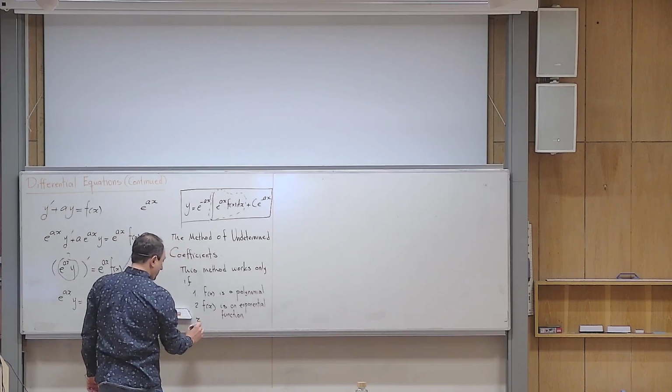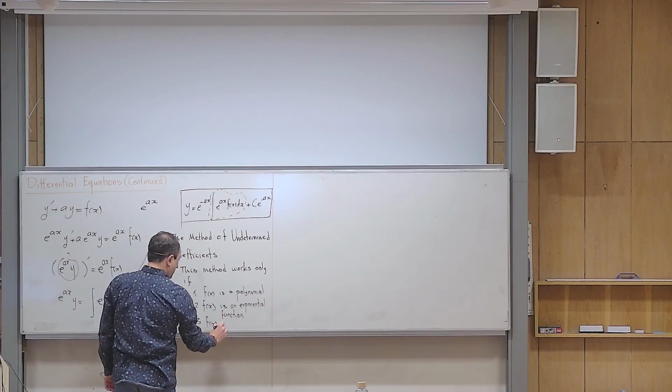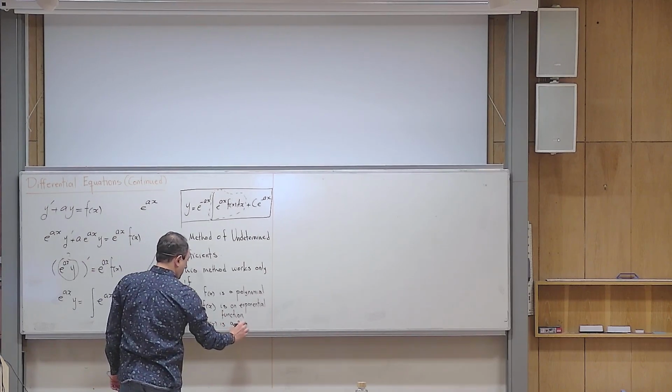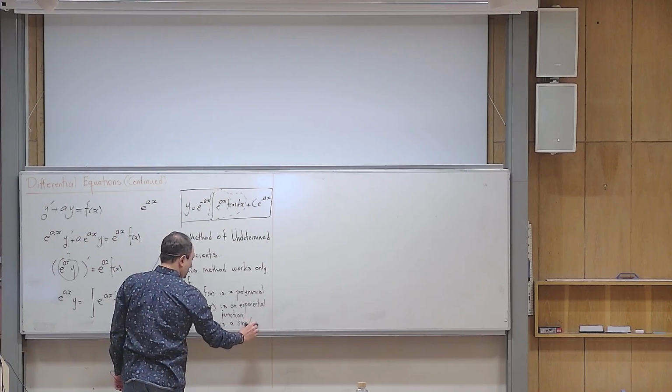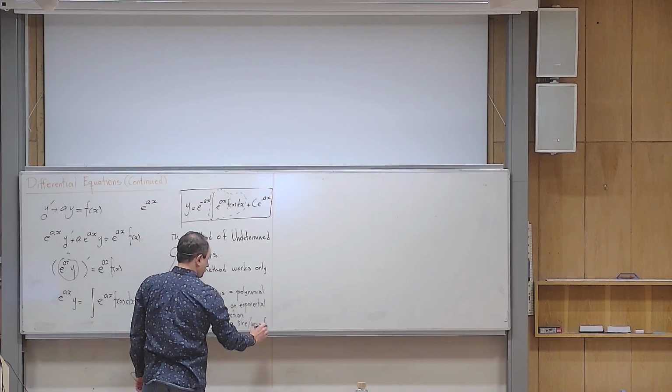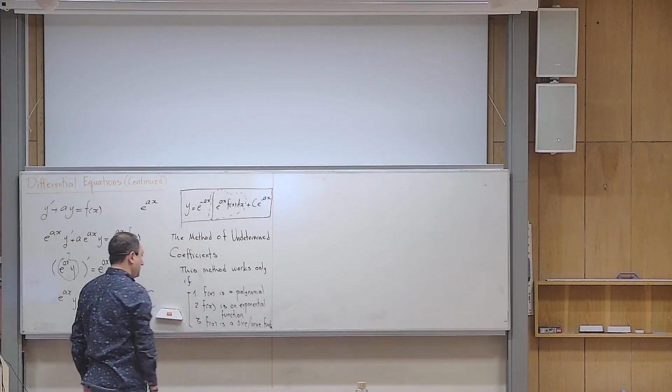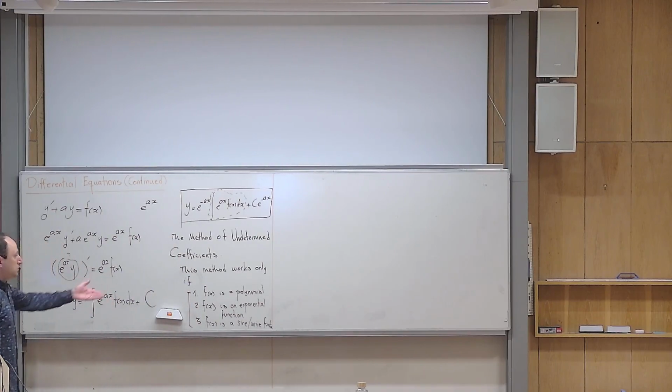Number three, f of x is a sine, a cosine, or a combination function. So under these three possibilities, which are the only ones you need to learn, we can use this method, okay?